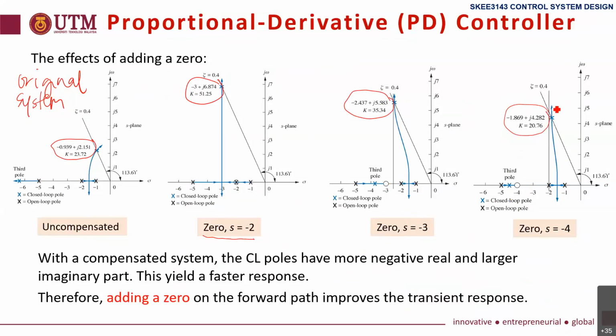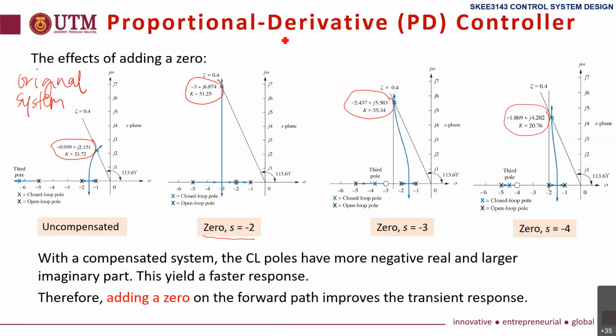So from these investigations, we can see that if we add a 0 into the original system, the dominant pole moves farther from the origin. Okay, you see, initially -0.9 becomes -3 or -2.7 or -1.8.